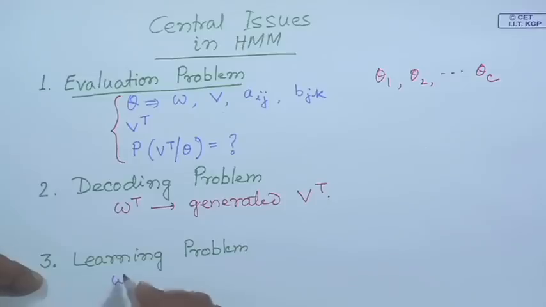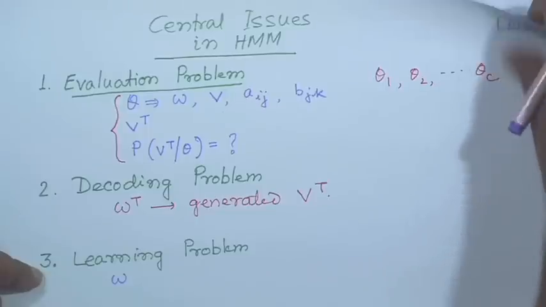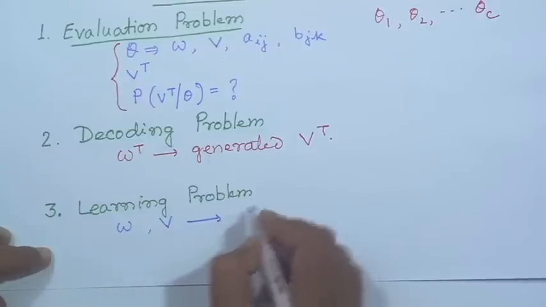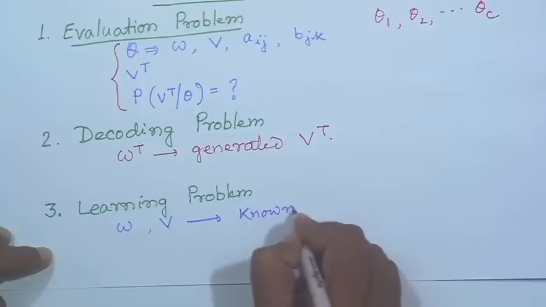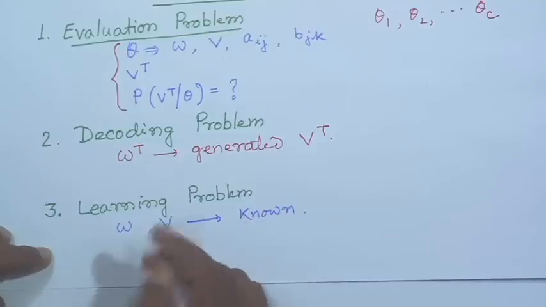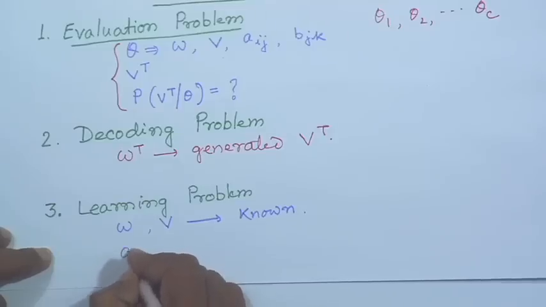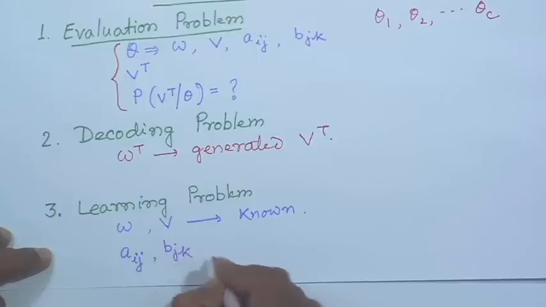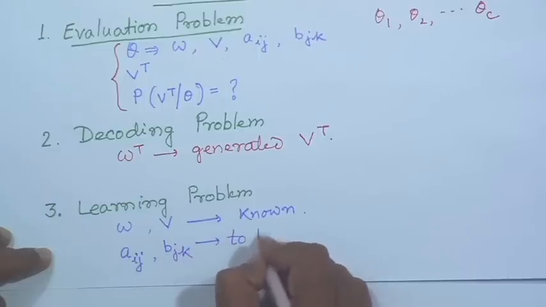So, I know omega, the set of hidden states, and V, the set of visible states. These two are known. What I have to do is use a large number of training sequences to estimate the transition probabilities Aij and Bjk.